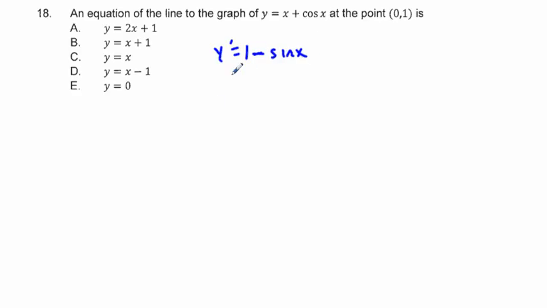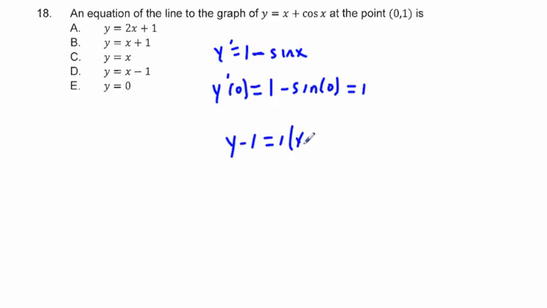If we plug in 0, y prime of 0 is going to be 1 minus sine of 0. Well, sine of 0 is 0, so the slope is 1. So if we take y minus y1 equals 1 times x minus 0, we get y minus 1 equals x. So y equals x plus 1. Our correct answer to this is going to be B.